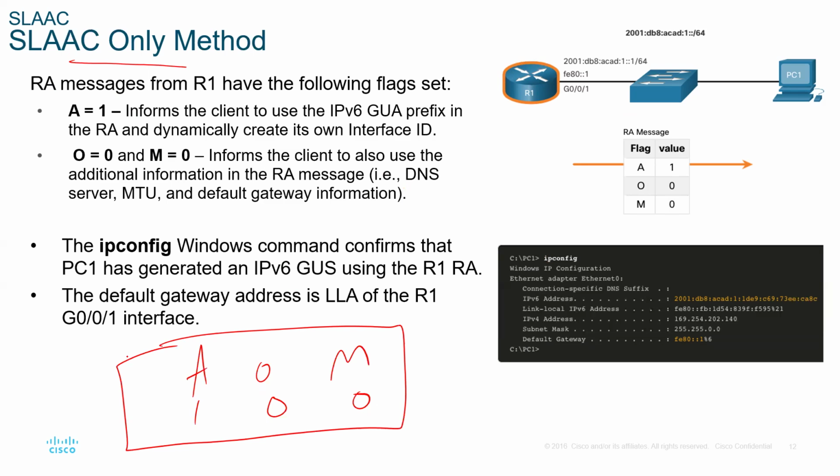And if you go to show the information of the IP addresses, it will confirm that the GUA was generated, PC1 generated an IPv6 GUA, I'm sure this would be an A, using the R1 RA.